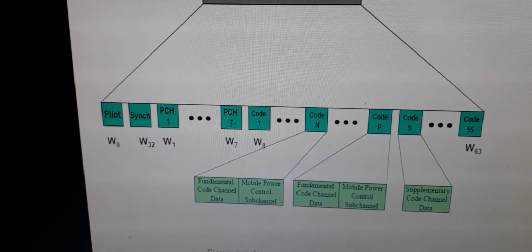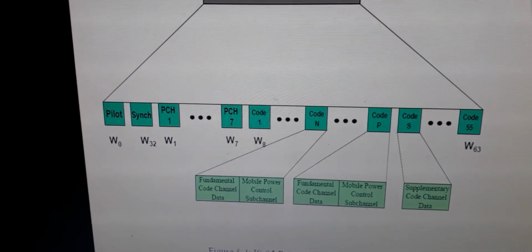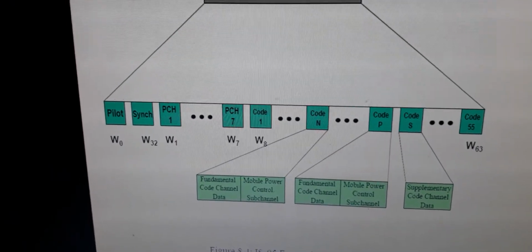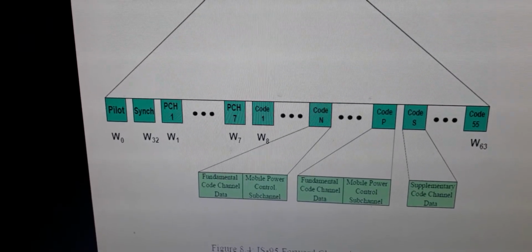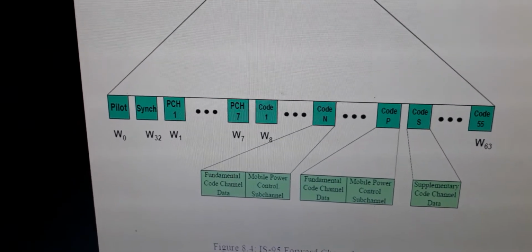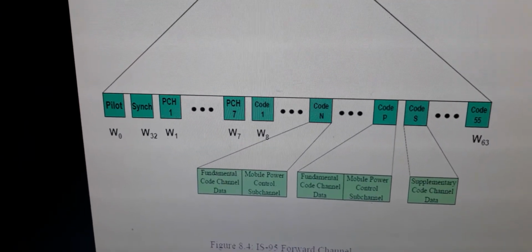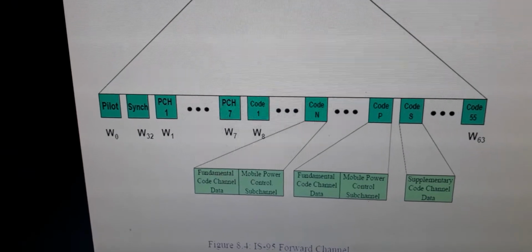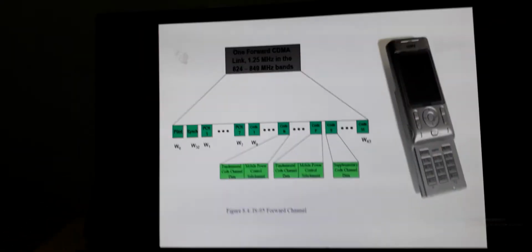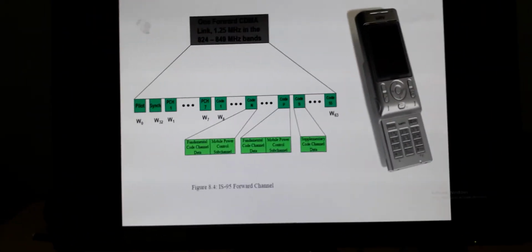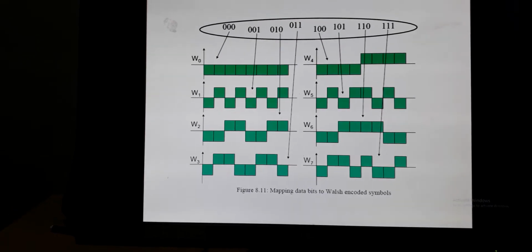Out of these 64 bits, W0 is the pilot channel, W32 is the synchronization channel, W1 to W7 are paging channels. The rest are traffic channels or reverse traffic channels, and like that. So this is an IS-95 CDMA handset.